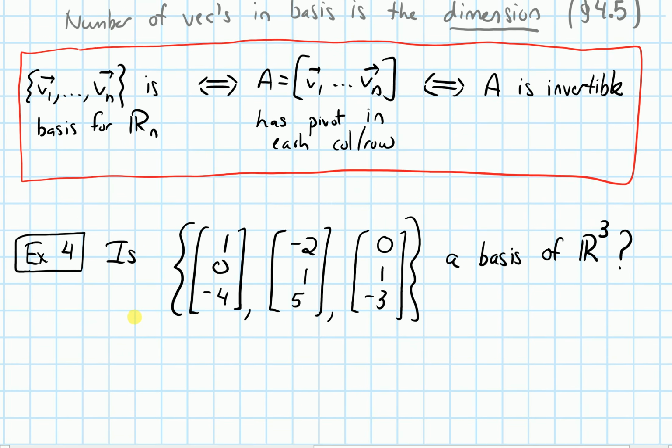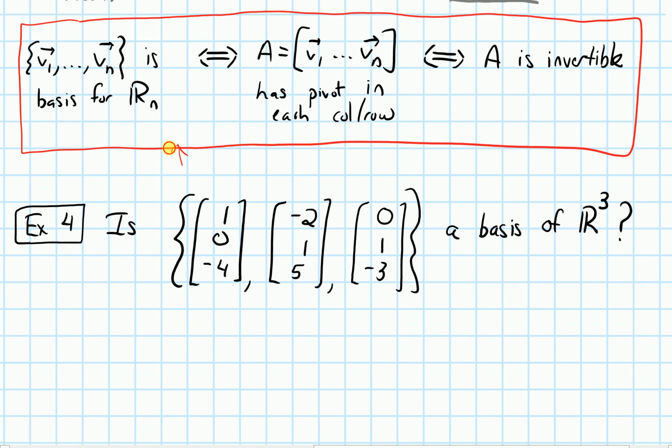The way I check it, according to the result I've just stated, is to put these vectors as columns in a matrix. The first column, the second column, 0, 1, negative 3, the third column. Then I row reduce it to check to see if there's a pivot in each column and row.